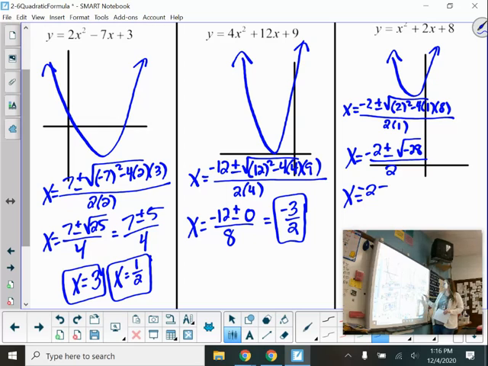So that's -2 plus or minus 2i square root of 7 all over 2. So that's -1 plus or minus i square root of 7. So with this one, you actually have an i in your answer. And these 3 examples basically display everything that you can tell without fully going through and solving the question.